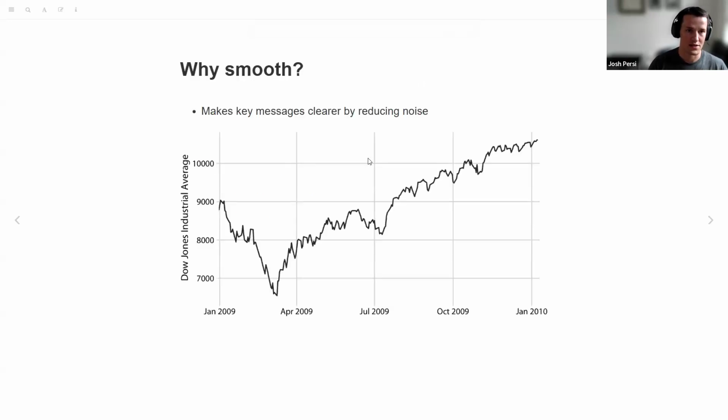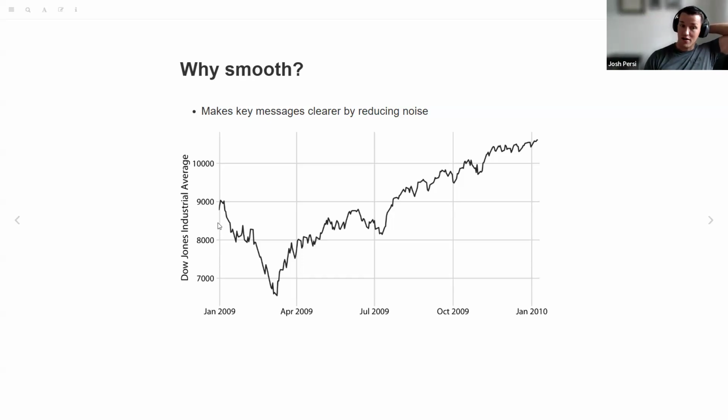Okay, so something that the book doesn't immediately mention is, why would you smooth? The main point, I think, is to make your message clearer by reducing noise. Essentially, that's what a smoother does. But smoothing only makes sense depending on the message you're trying to tell.